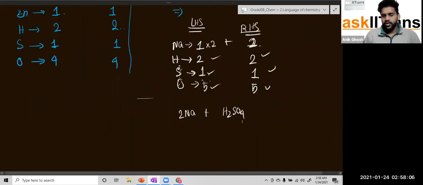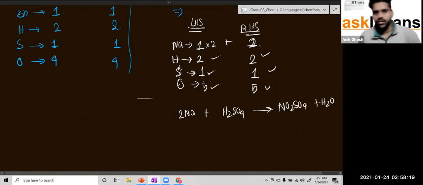After putting 2 over here, 2NaOH plus H2SO4 is giving us Na2SO4 plus H2O. Okay, so now this is the equation. Is everything balanced now? 2 sodium, 2 sodium, 2 hydrogens, 2 hydrogens, SO4, one SO4, another SO4.